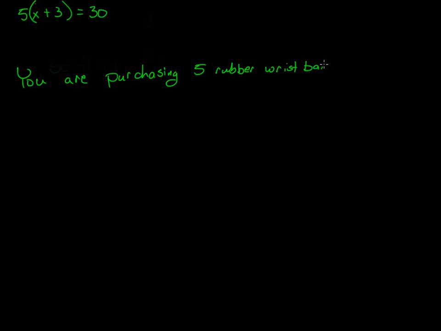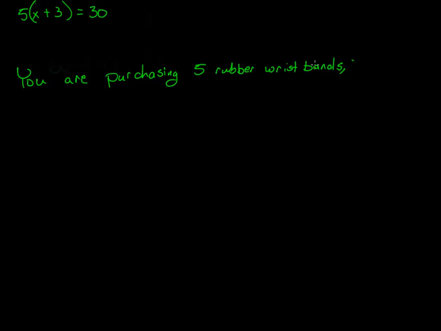I know they've probably already got another name for them, but that's what we're going to say. You're going to purchase 5 rubber wristbands, and they offer this special solution, and you put this solution on it, and it's going to help it last and extend the life of it for another year. Now, we know this solution costs $3.